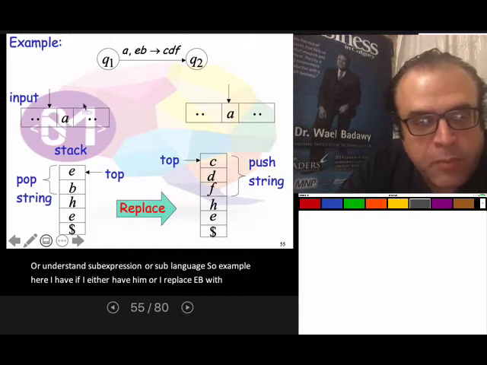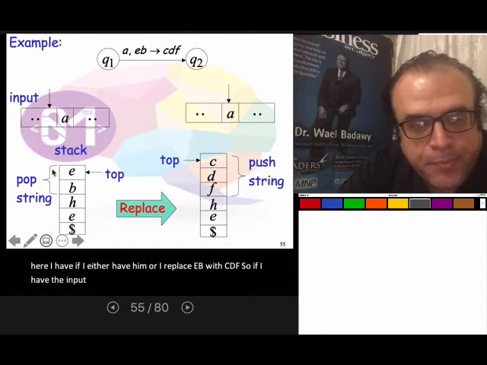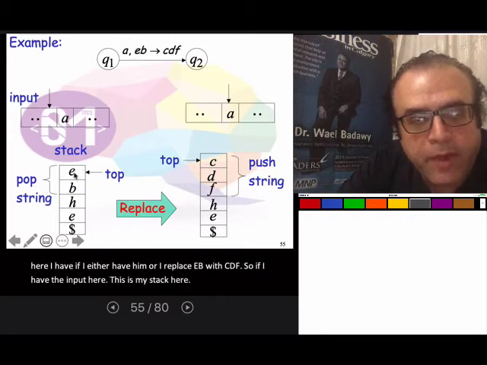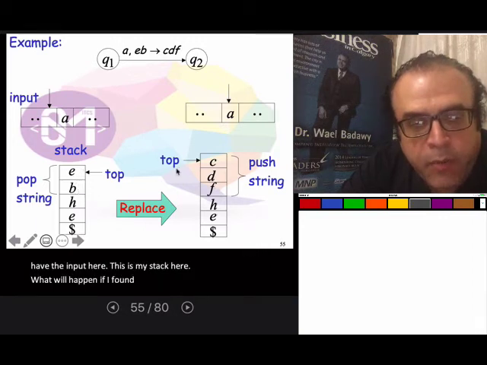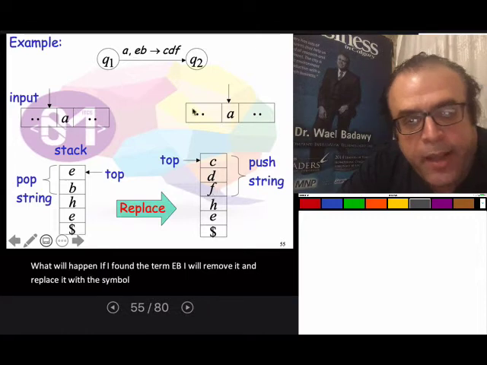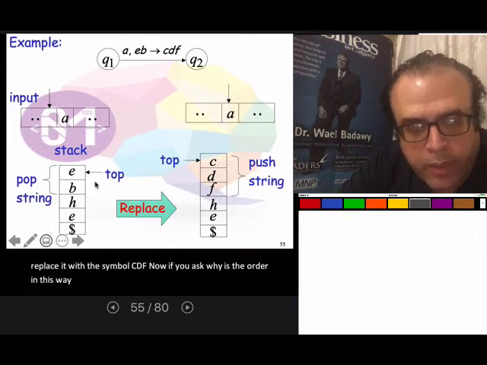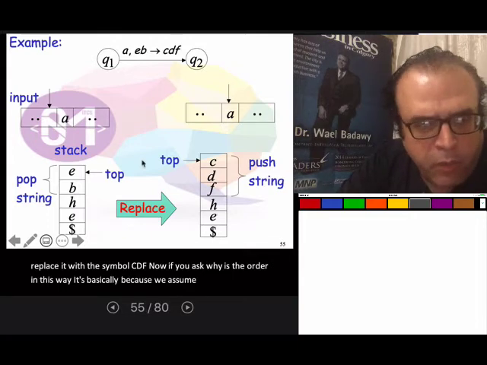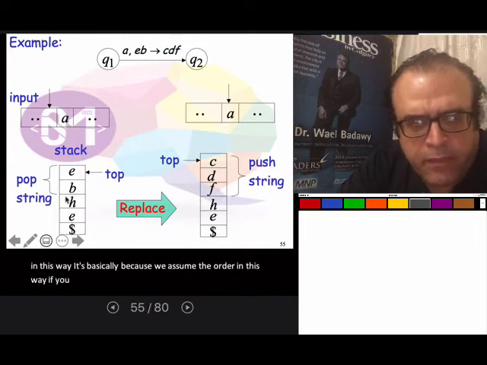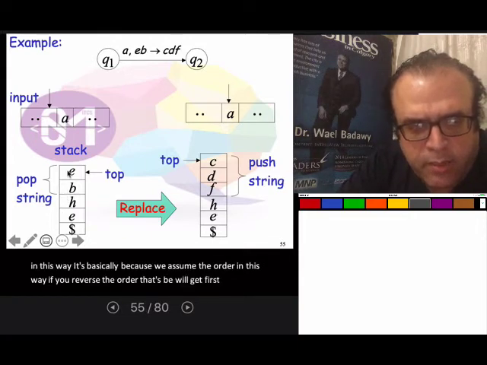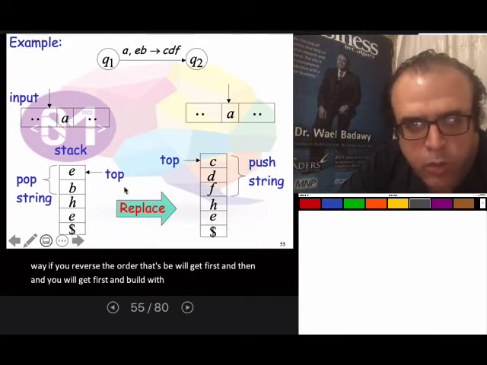If I have the input here, this is my stack here. What will happen if I find the term EB, I will remove it and replace it with the symbols CDF. If you ask why the order is this way, it's basically because we assume the order this way. If you reverse the order, so that B comes first and E is on top, it will also work, okay?